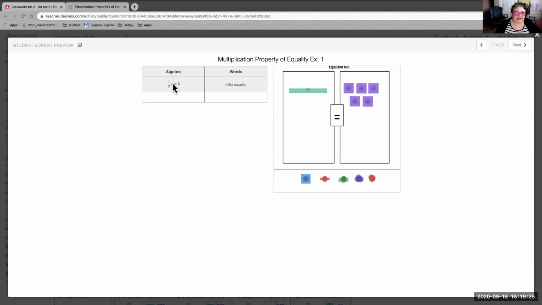But I don't want to add half an x here and then add half an x here, because that's going to make a mess. So what I'm going to do is use the multiplication property of equality. And I'm going to multiply by 2.